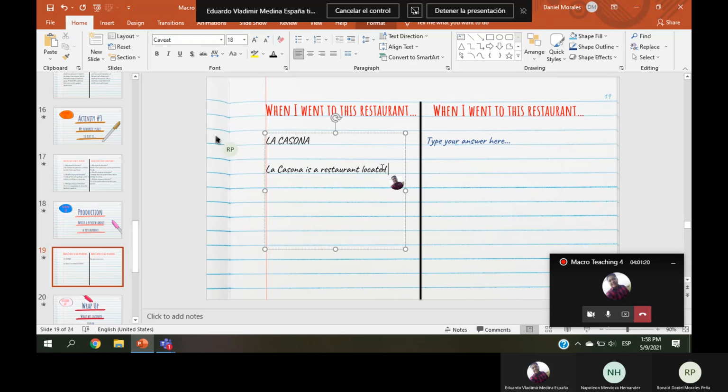La Casona is a restaurant located in San Salvador.